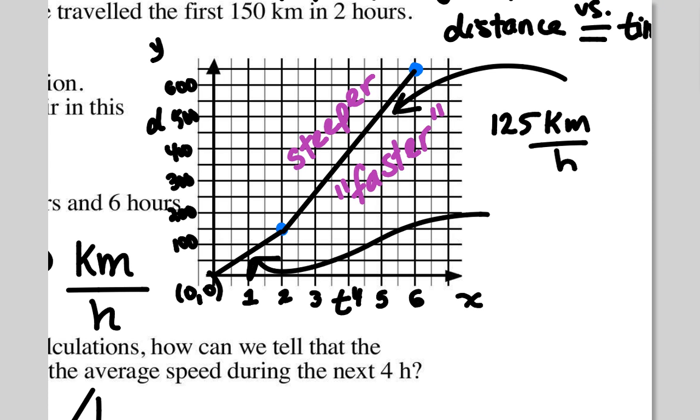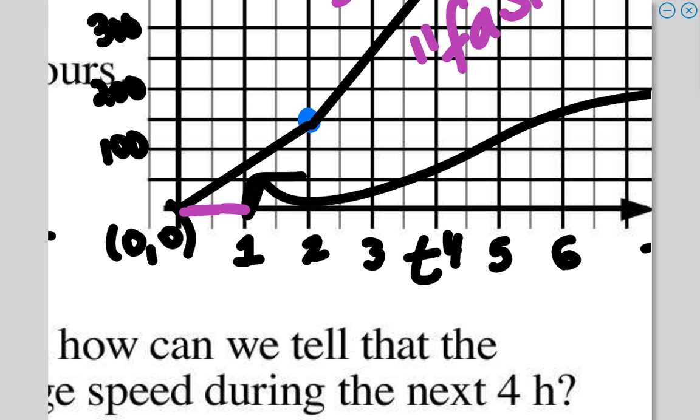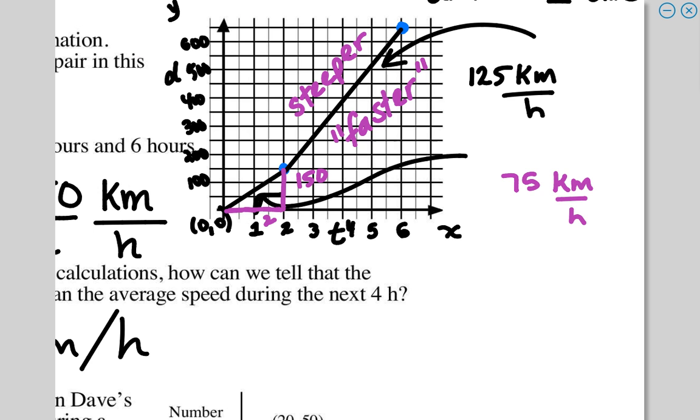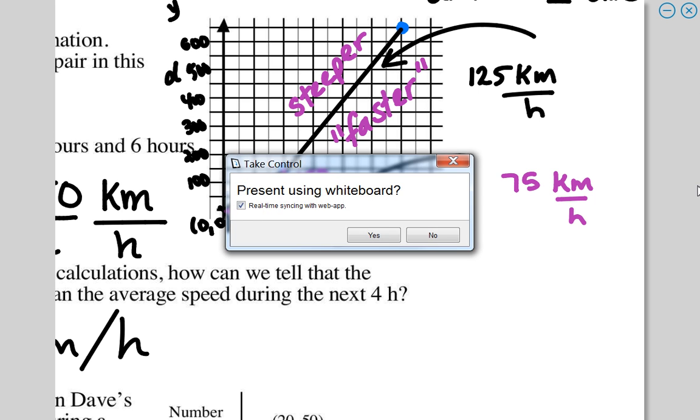Take a look. In 2 hours, you traveled 150. What's 150 divided by 2? 75. So that one is 75 k per hour. So 75 k per hour is obviously slower than 125 k per hour. So the rate of change is less.